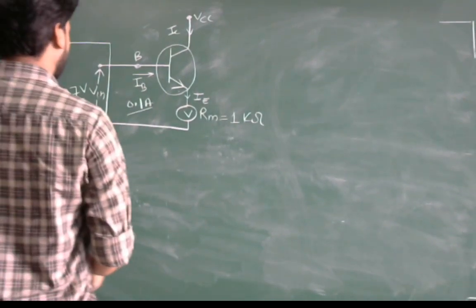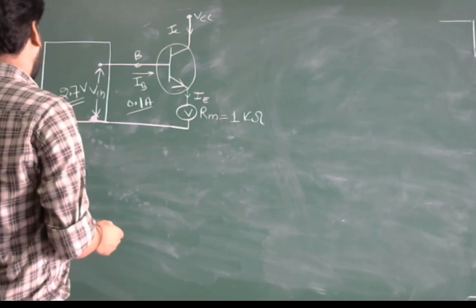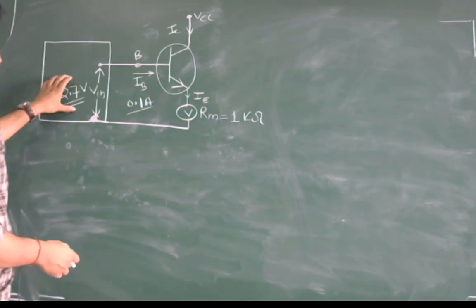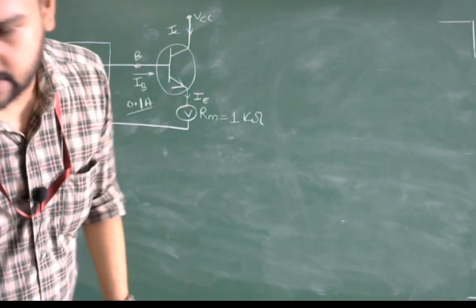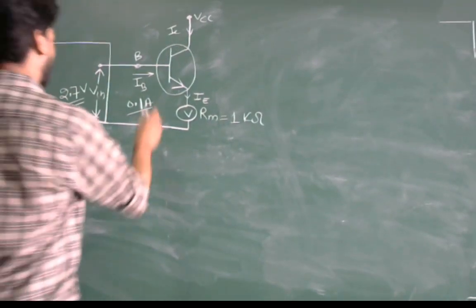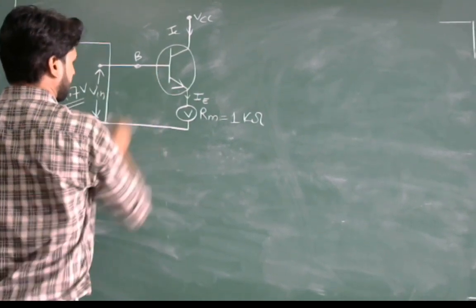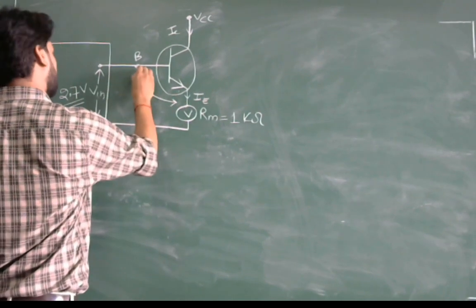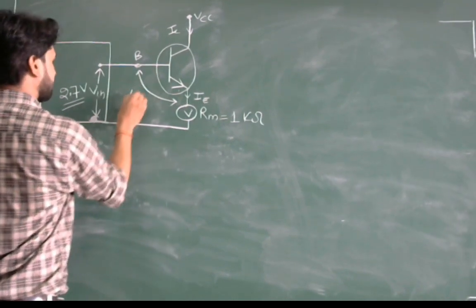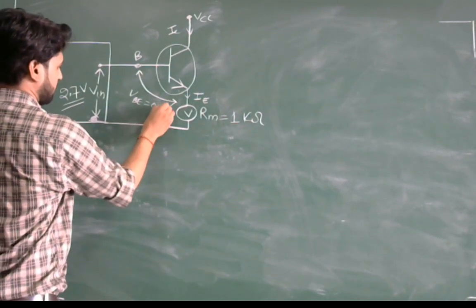Then what will be these currents IB, IC and IE, given the input voltage is 2.7 volt? Because we know the potential drop across this terminal is always VBE, which is 0.7 volt.